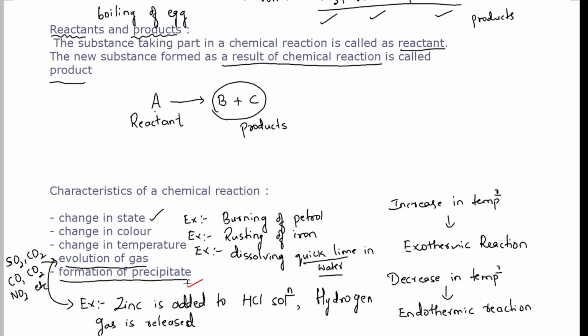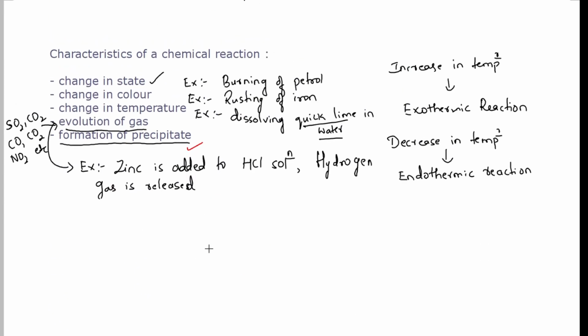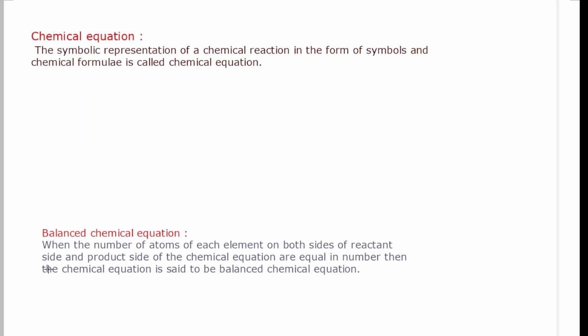Now we have understood what we mean by chemical reaction, and also the terms reactants and products. Then we also have come to know the characteristics of chemical reaction. It is important to know these characteristics. You may be asked in your examination.